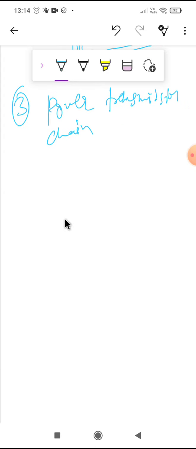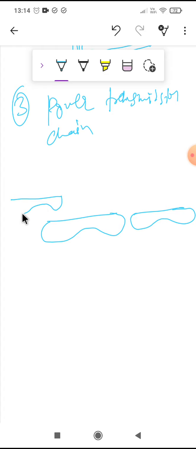It will be in such a manner that this will be the structure here, and this will be the structure here, and at the back also this will be the structure, and a similar structure will be here. There is a size problem here, but as you understood, this chain will be connected. This is drawn in 3D. So this is a block chain.